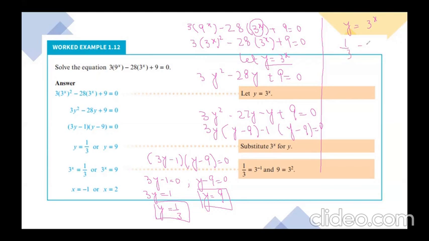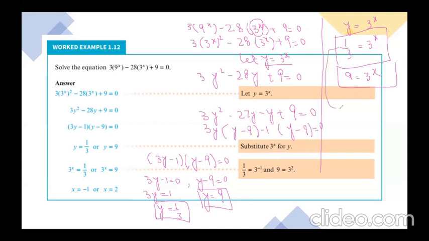So 1 by 3 equals 3 power x. Now how to make it? How to convert it into this form? So first is 1 by 3 equals 3 power x, and second 9 equals 3 power x.